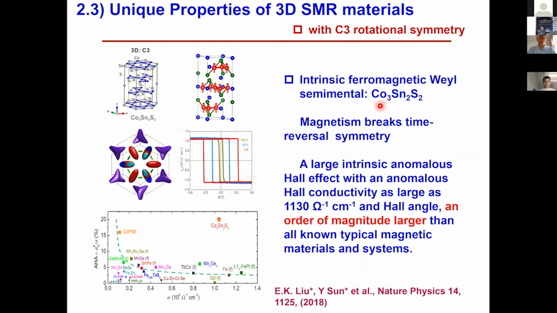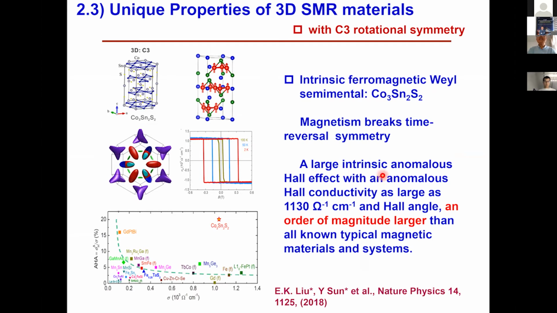And very recently, this group has found that a new three-dimensional material with SMR structure, cobalt tin sulfide, actually is an intrinsic ferromagnetic Weyl semi-metal, which has very unique properties.